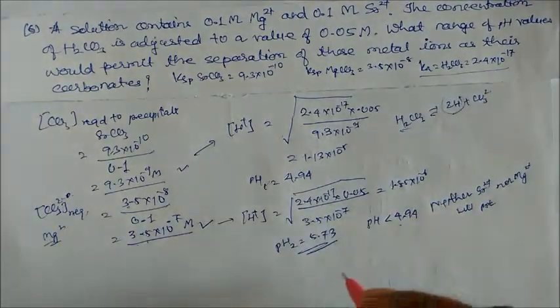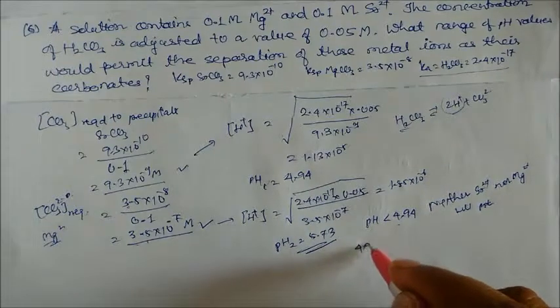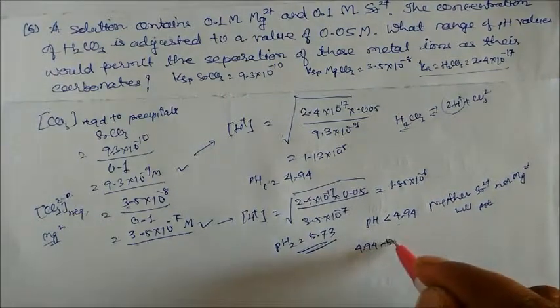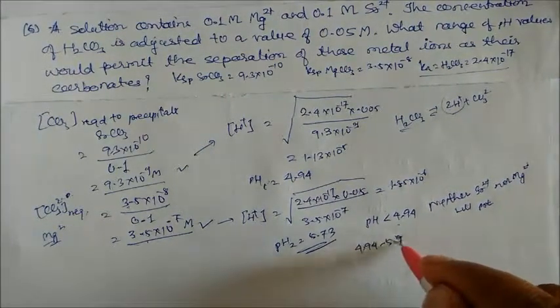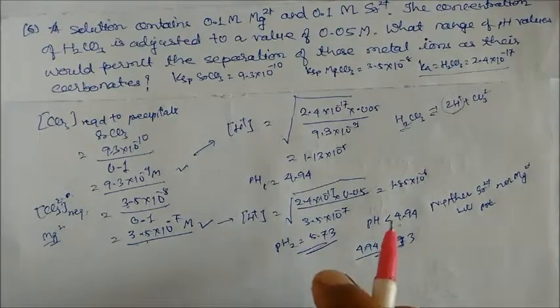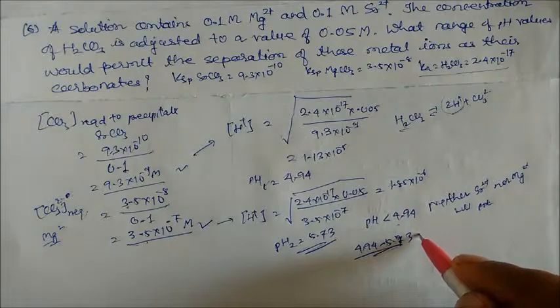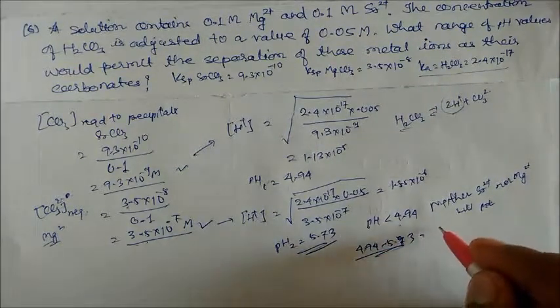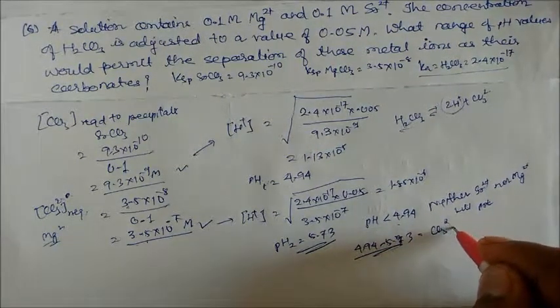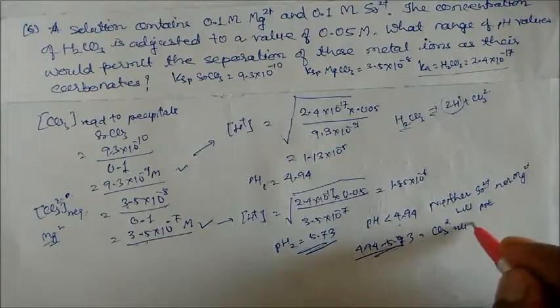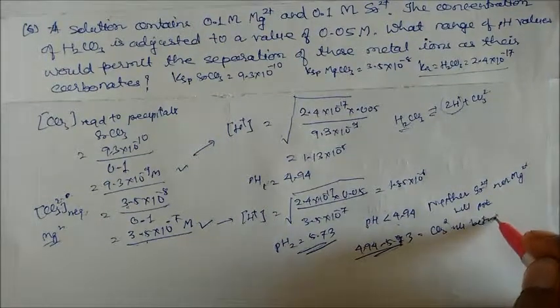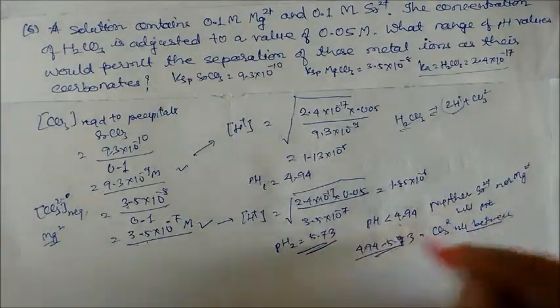If you take the pH range 4.94 to 5.73, what will happen in this range? The carbonate concentration will be in between the concentrations required for magnesium and strontium.